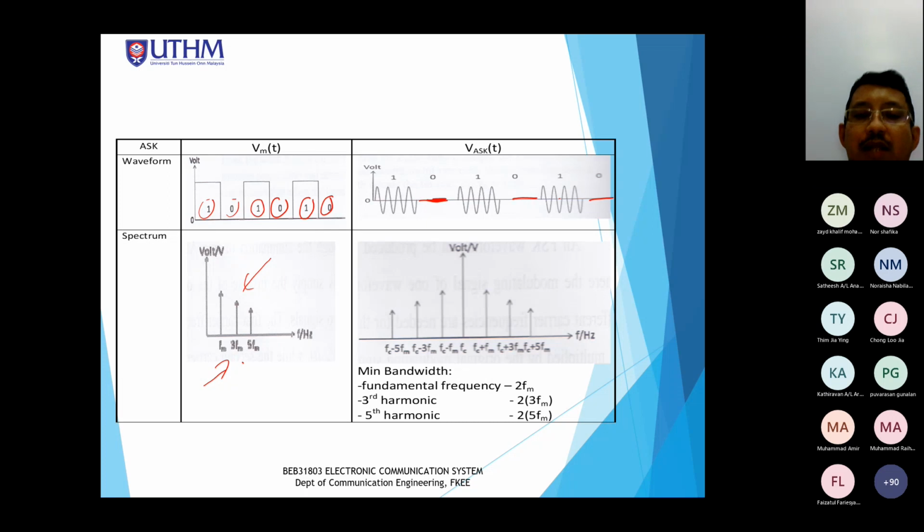The way we calculate the bandwidth is actually 2 times FM, but in this case we have up to 5th harmonics. Depending on how many inputs we have, whether up to 5th harmonic, 10th harmonic, 20th harmonic, and so on, we just need to multiply it by 2. 2 times the input.